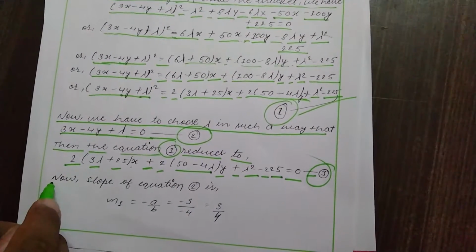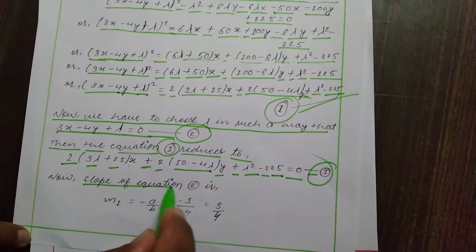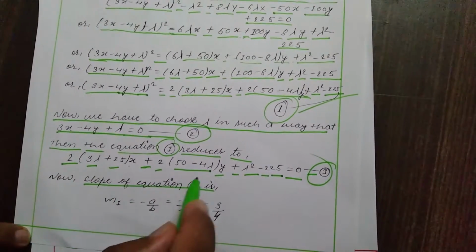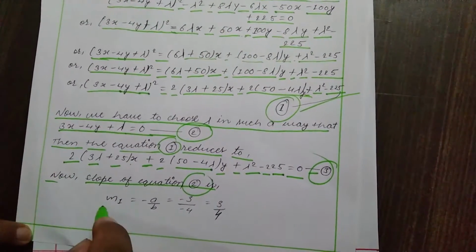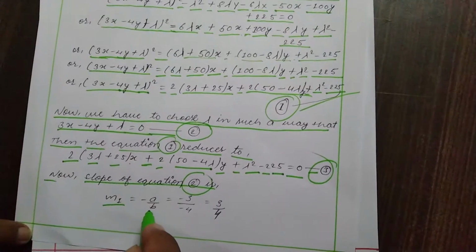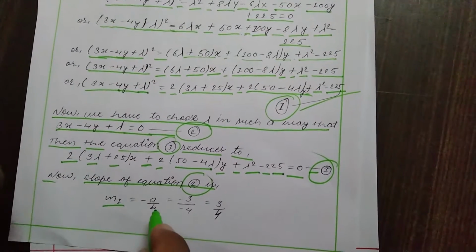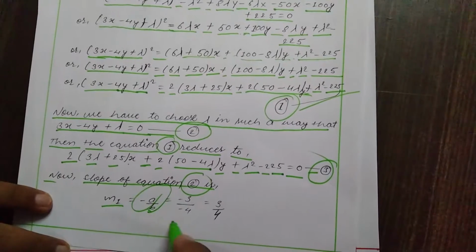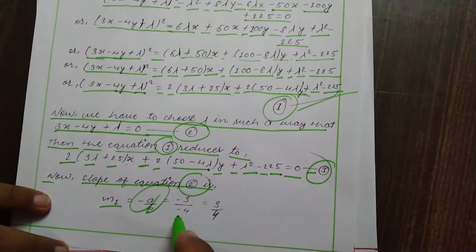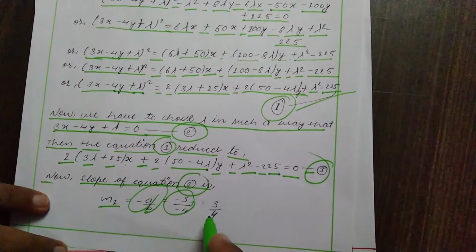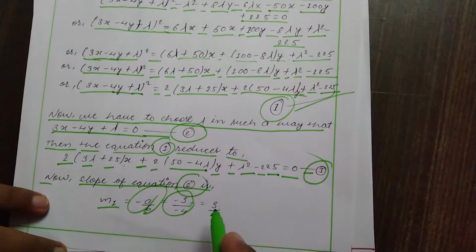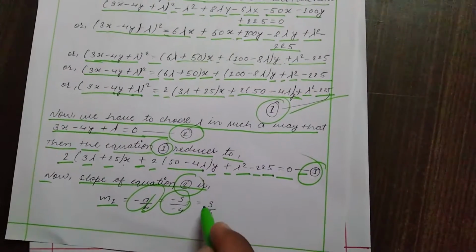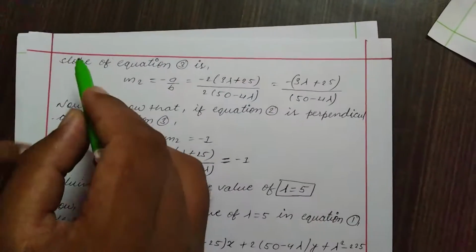Now further, the slope of equation 2 is m1 equals minus a by b, where the value of a is minus 3 and the value of b is minus 4, so m1 equals 3 by 4.